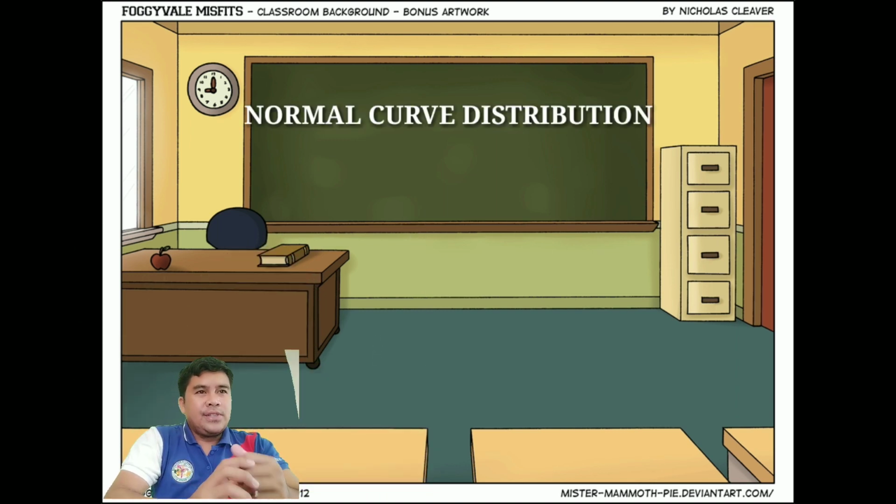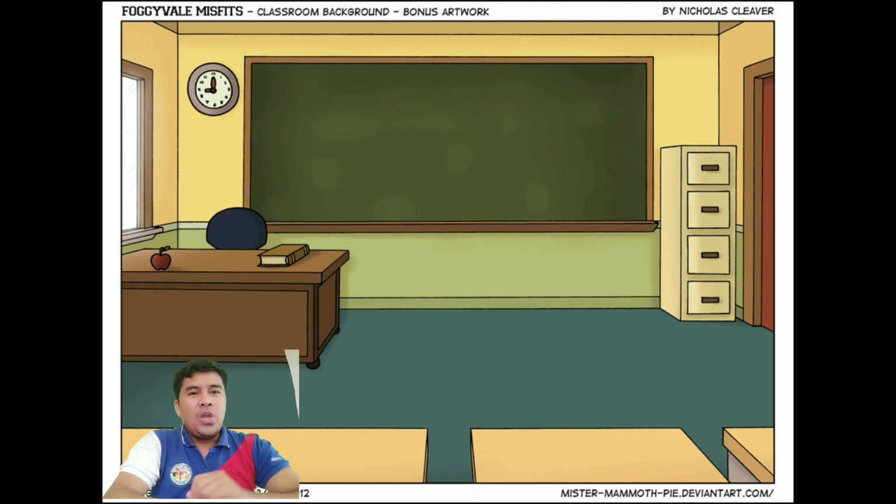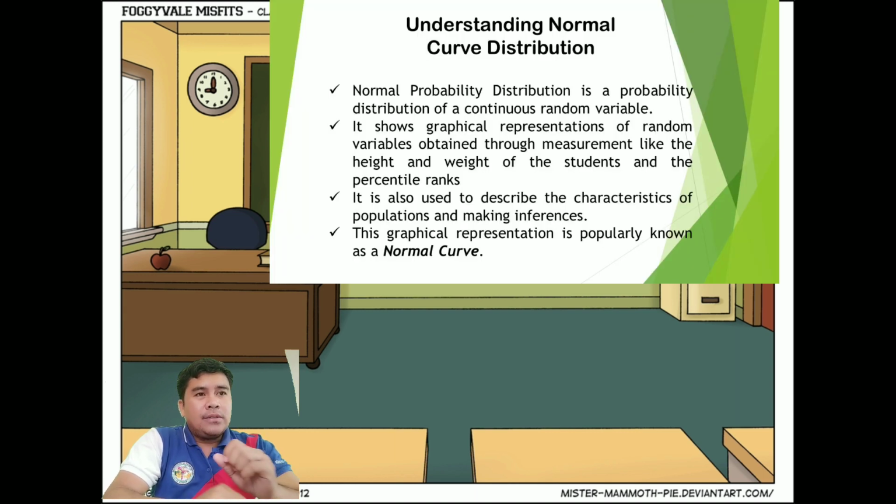So this tutorial is aimed to understand the normal curve distribution. When we talk about normal curve distribution, this is a probability distribution of a continuous random variable. It shows graphical representations of random variables obtained through measurement, like the height, the weight of the students, and the percentile ranks.